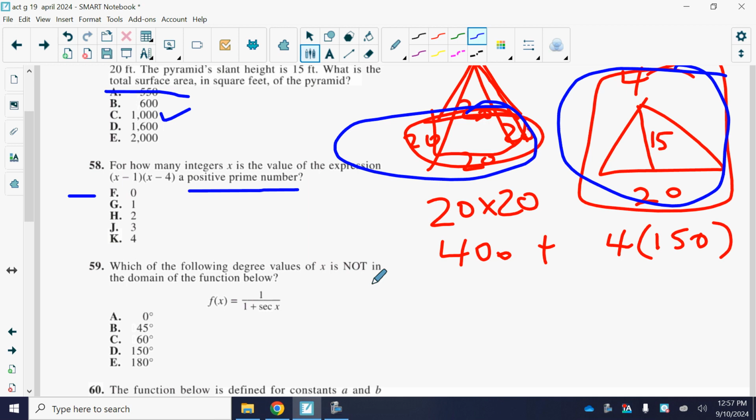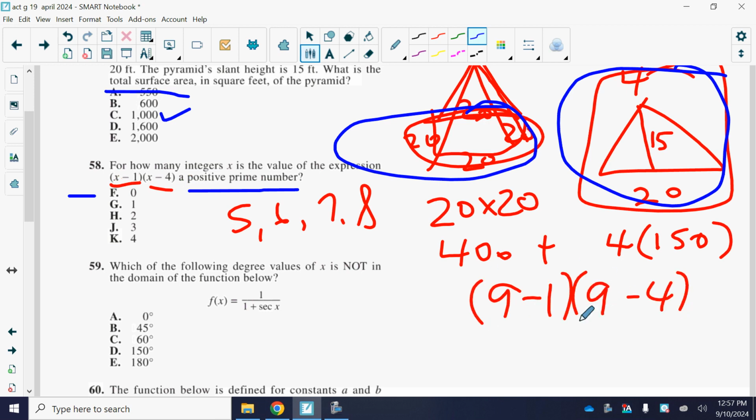By the time you start plugging in 5, 6, 7, and 8, one of the numbers is going to be odd, and the other one is going to be even. Think about plugging in 9. 9 would give me that. Well, how can that be prime, folks? Because it's got an even number. 2 definitely goes into it. Think about plugging in 117 or 118. One of them's going to be even. One of them's going to be odd.